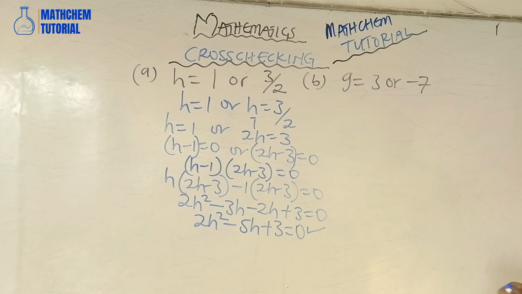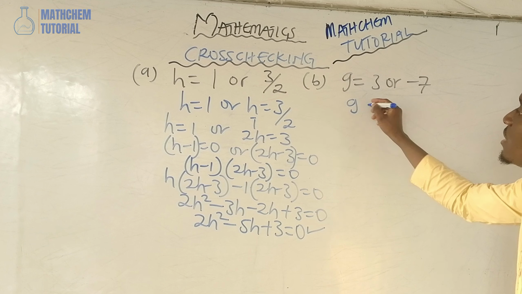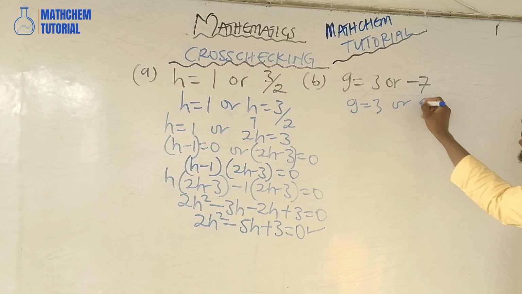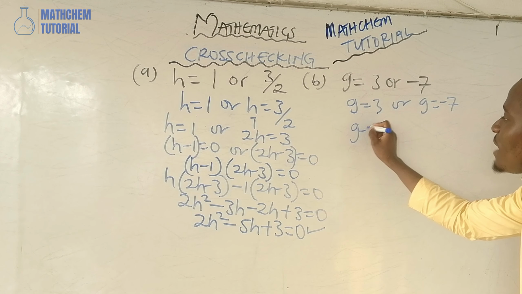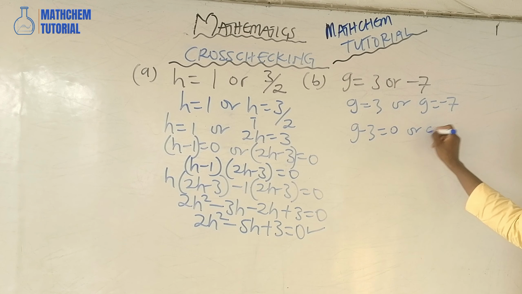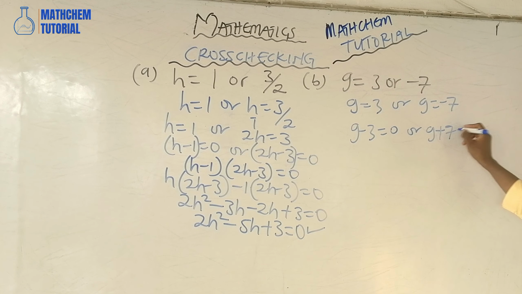Now for the B part, we have it as g equals to 3 or g equals to minus 7. So after having it as g equals to 3 or g equals to minus 7, what do we do next? We are going to say g minus 3 equals to 0 or g plus 7 equals to 0.